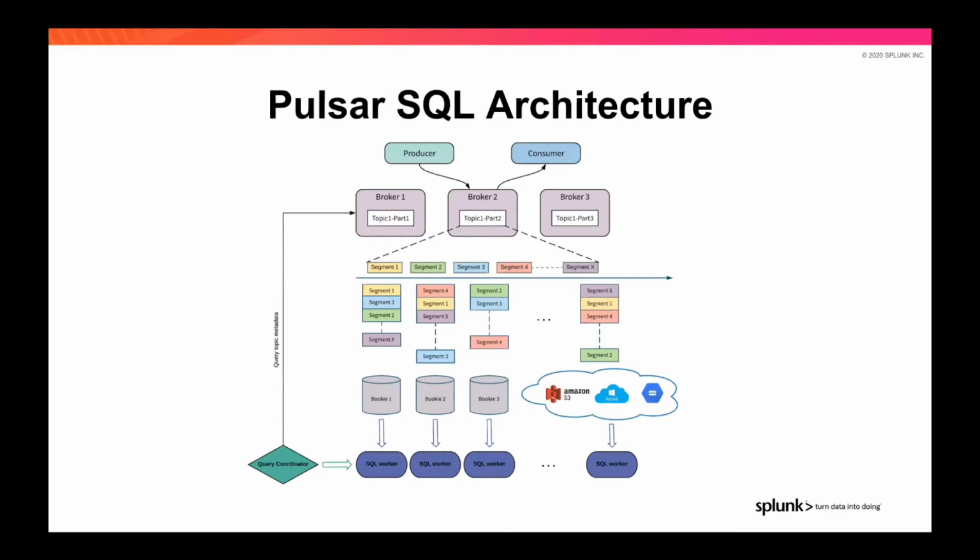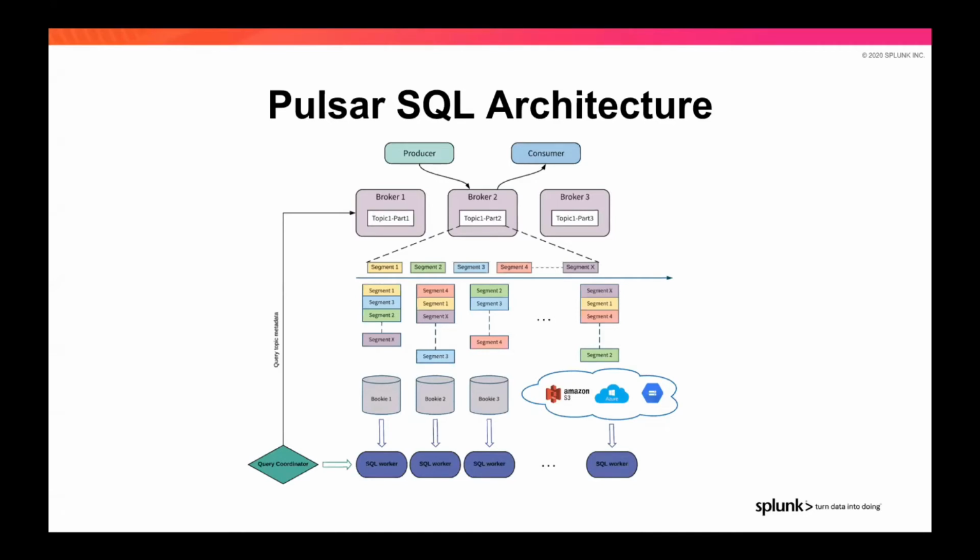The query coordinator is also responsible for distributing or splitting the data across the various SQL workers, so that a lot of this work can be done in parallel. For example, if I'm reading from one topic, messages 1 to 10 might be assigned to SQL worker 1, 11 to 20 might be assigned to SQL worker 2, and so on and so forth.